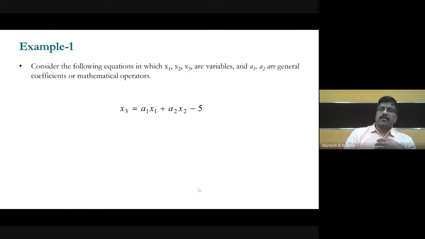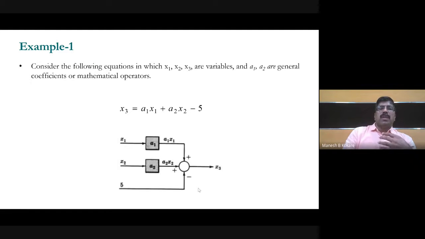Now, here you can also represent the same equation in detail. So x1 is the input, x2 is another input, and phi u is the third input. This x1 is multiplied by a1, so your output here will be equal to a1 x1.